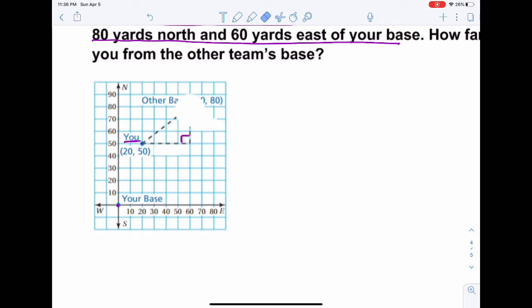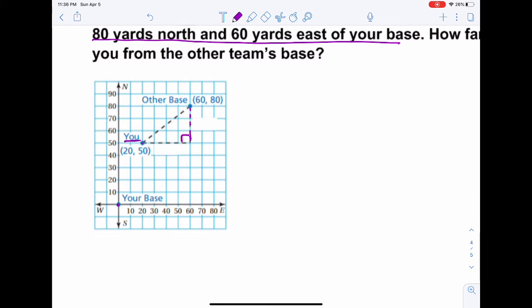So if you take a look here, on this side, cada cuadro aquí, we're counting 10, 20, 30, 40. Estamos contando por 10. So, yo puedo contar estos cuadros. 10, 20, 30.